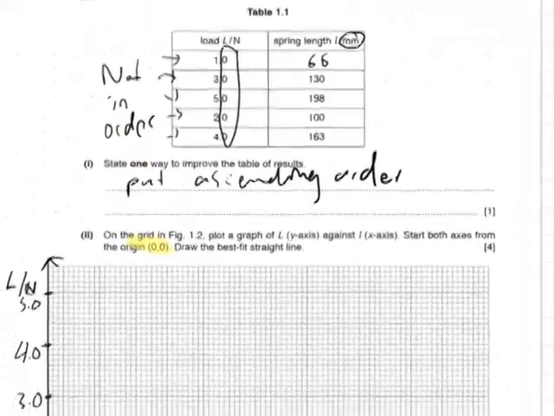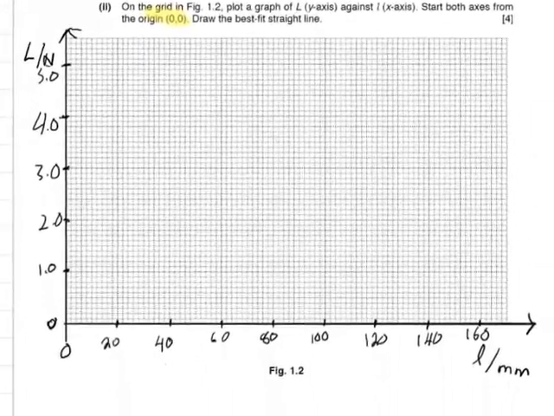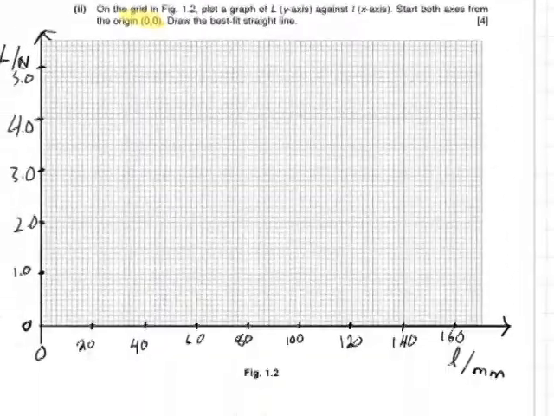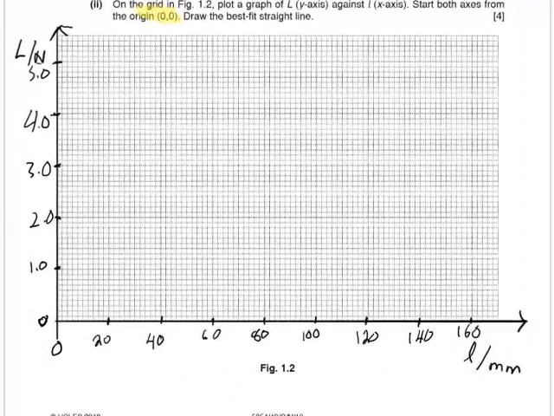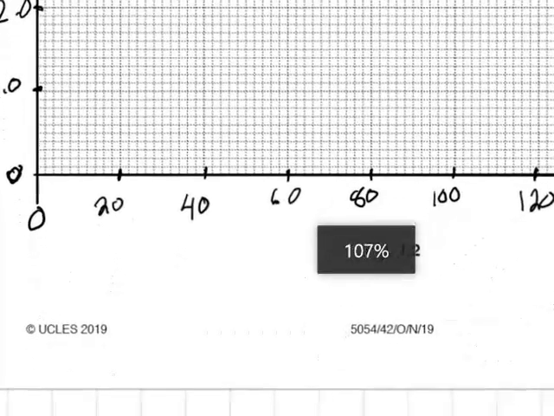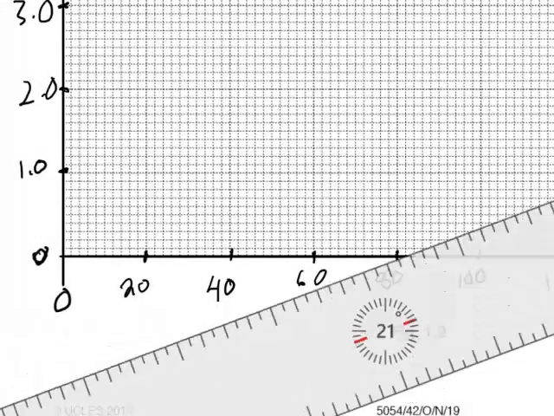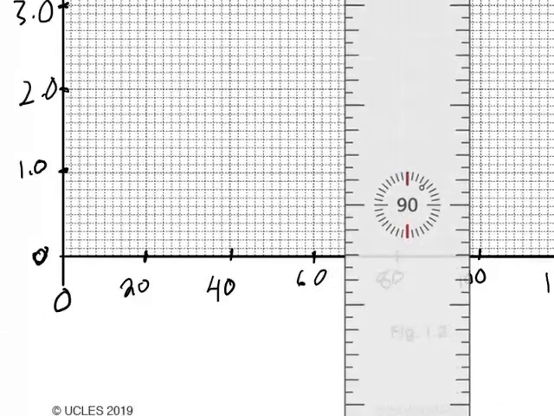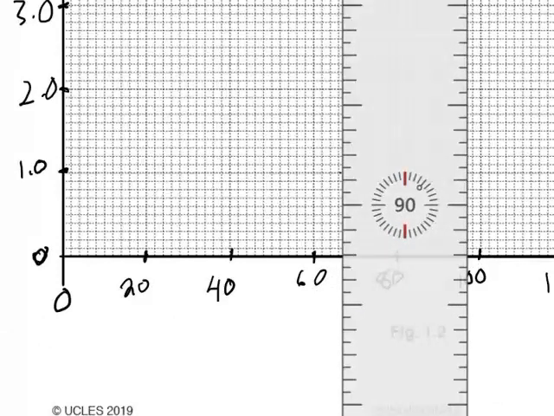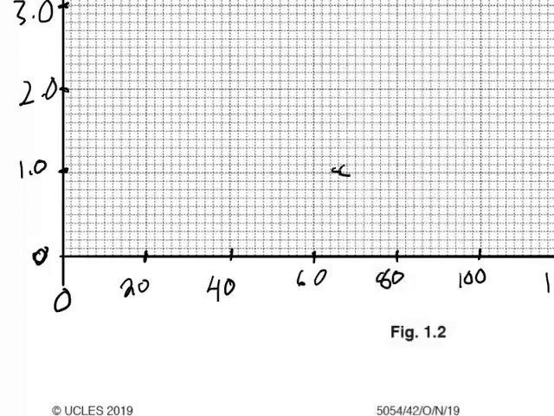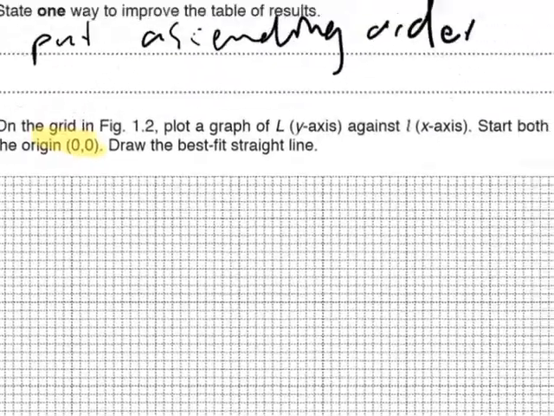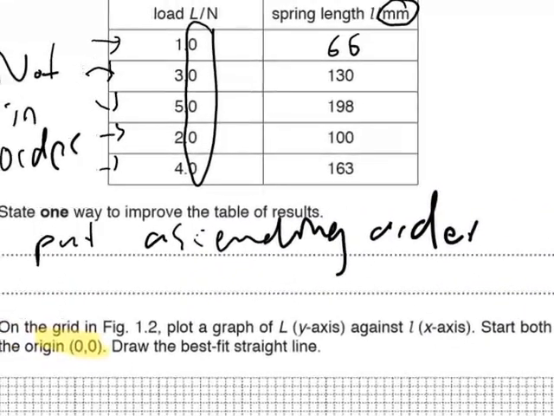Now the first one is 0.1 to the 66, and 66 should be here. Try my best because it's kind of a bit small. 1 and 66. Okay, now it should be somewhere here, so put a cross there. Next one will be 2, 100.